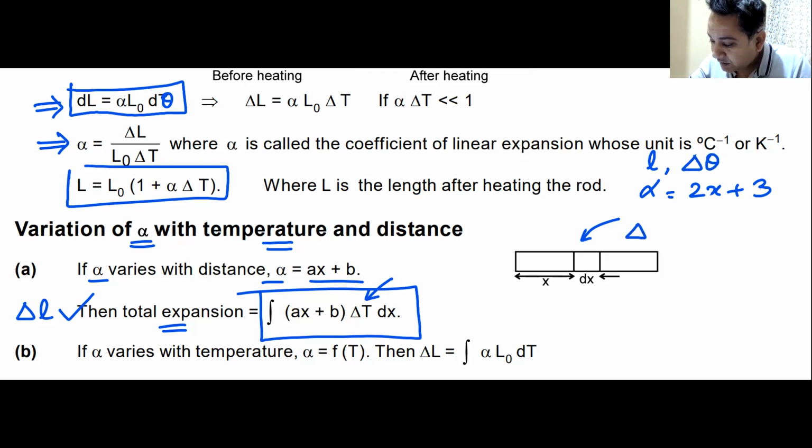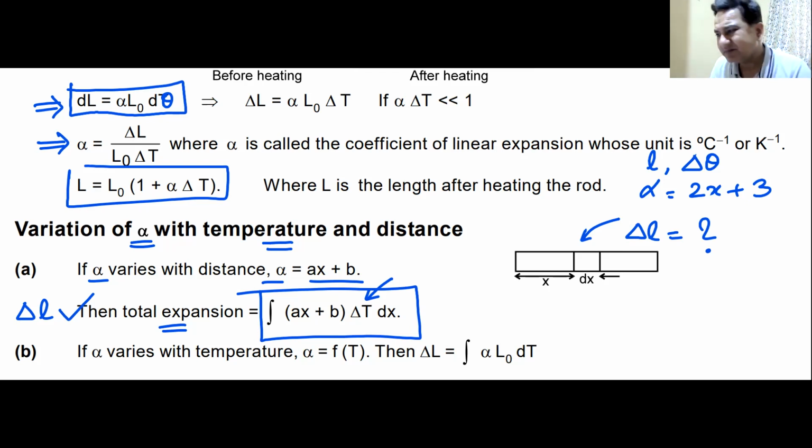Can you now give me what is the total change in length of this rod? I give you 1 minute to solve it. Square plus 3x. Yes, you got the answer? I'm integrating, sir.